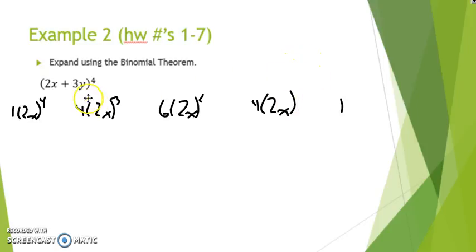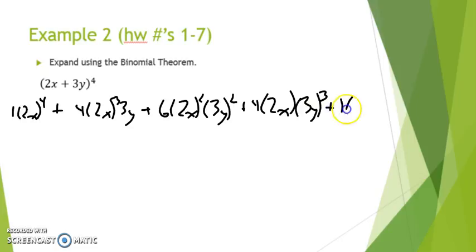And then the other way around, b is going to count up. So (3y) to the 0, which I'm just leaving off, and then (3y) to the first, and then (3y) to the second, (3y) to the third, and finally (3y) to the fourth.